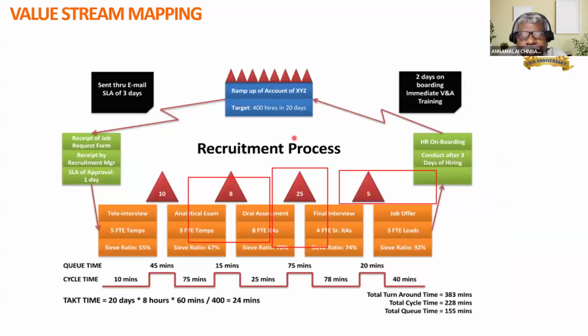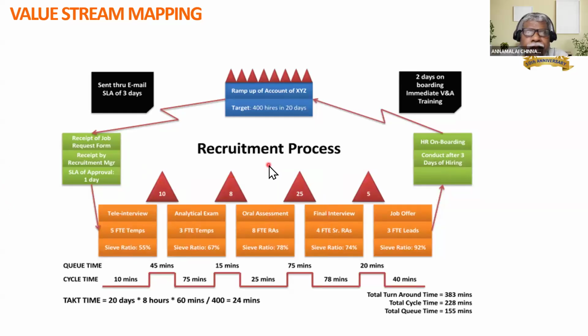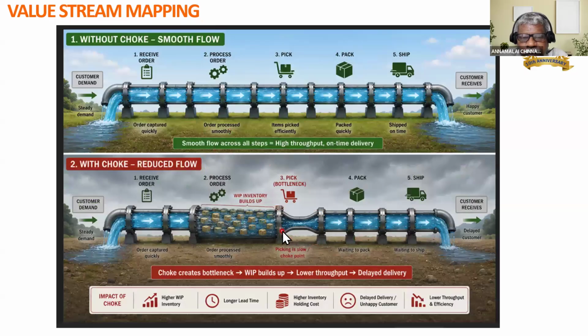So again, I will just explain how we can do the value stream mapping. The main purpose of doing value stream mapping is that we have to map the current end-to-end process, right from receiving the order to the final shipping.